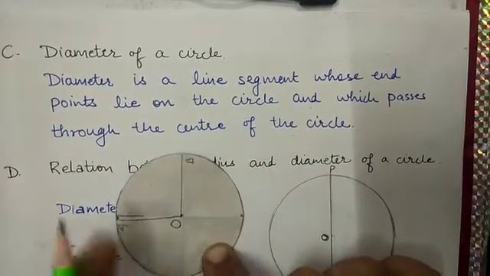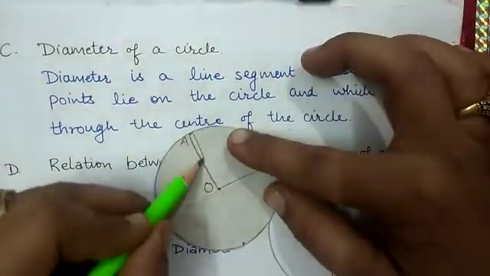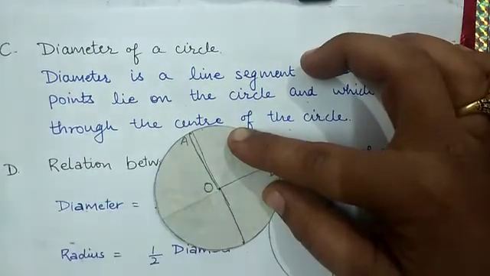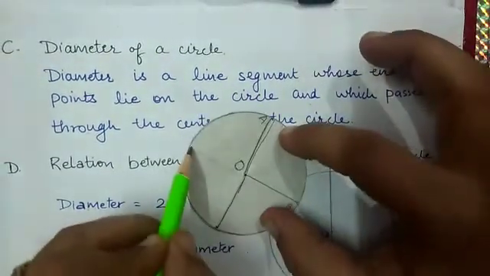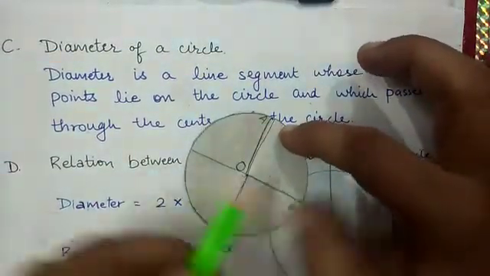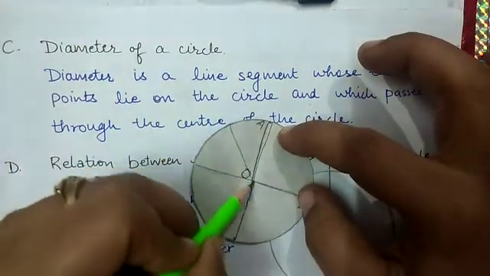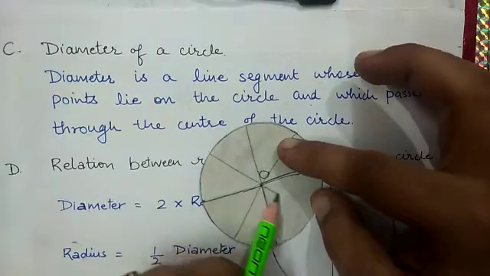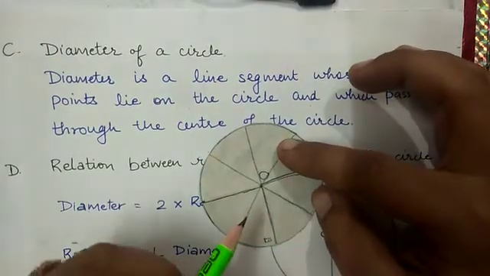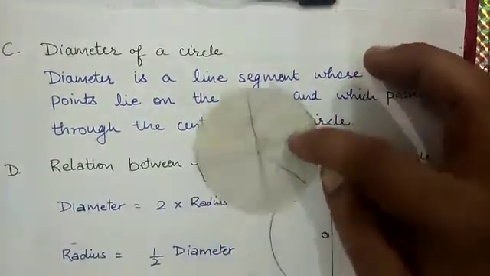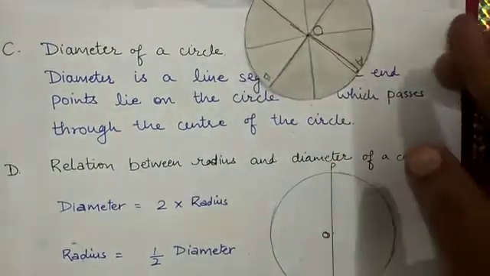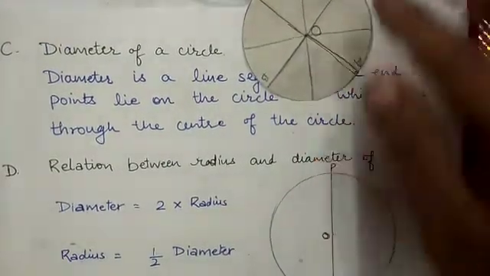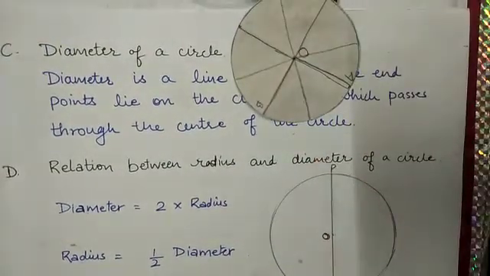It means I can say this line segment is known as the diameter. I can say this is the diameter. If I want to draw one more, I can draw. It means I can draw a number of diameters in a circle. Same as radius, there are so many diameters of a circle.